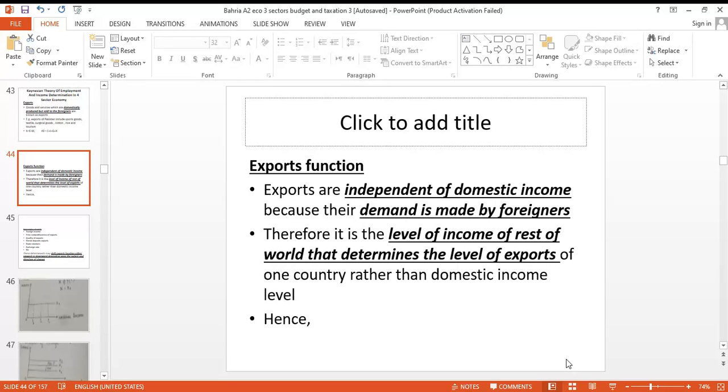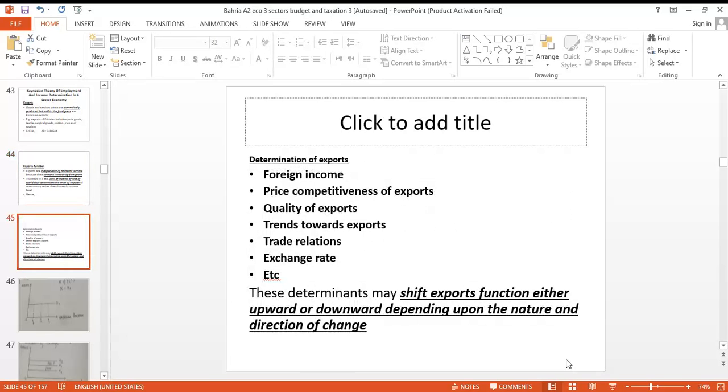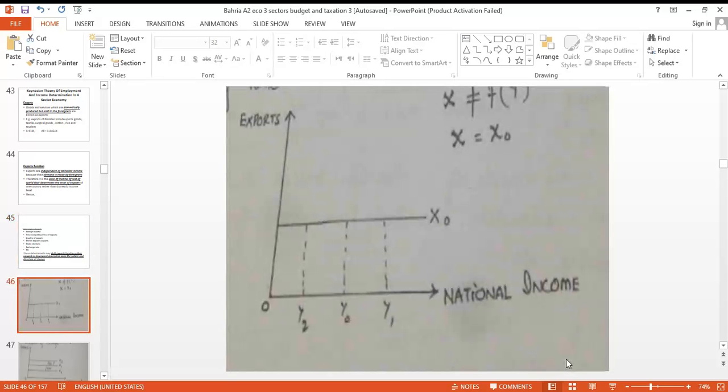The export function of the nation is basically its autonomous exports, because it's not related to your income. So it is related to foreign income, it is related to competitiveness of export, quality of export, yes, but not really related to your incomes in the domestic economy.